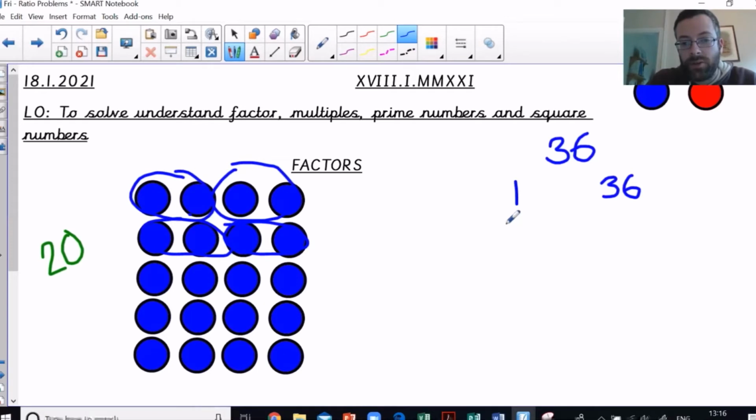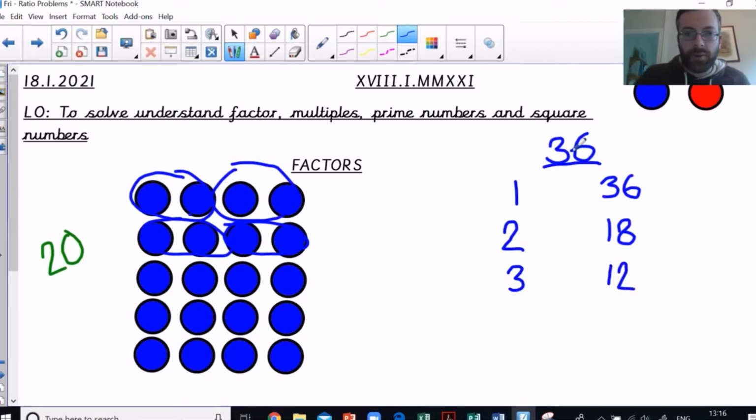And it's 2 times, hopefully you're working that out, half of that is 18. So they are both factors of 36. Then I would say, is 3 a factor? Well, 3 goes into 30, so 33, 36. Yeah, it does. So 3 is a factor. And what goes with 3 is 3 times something to get to 36. And that is 12.